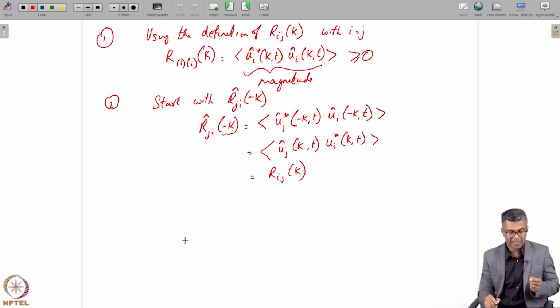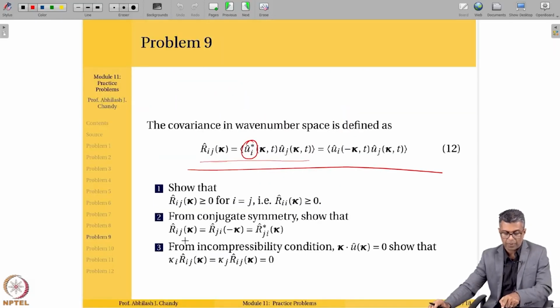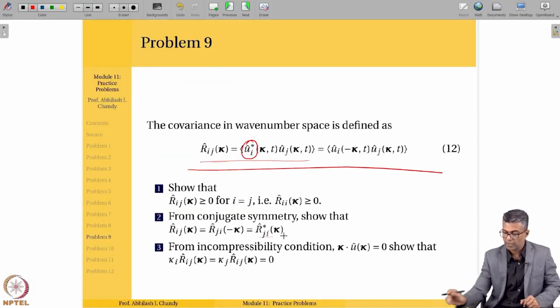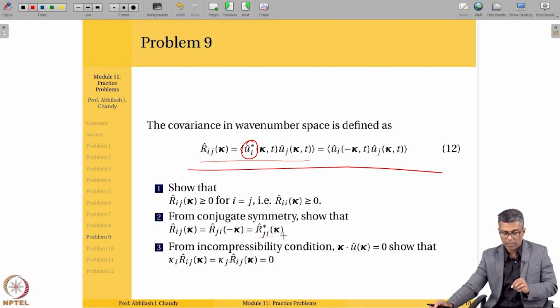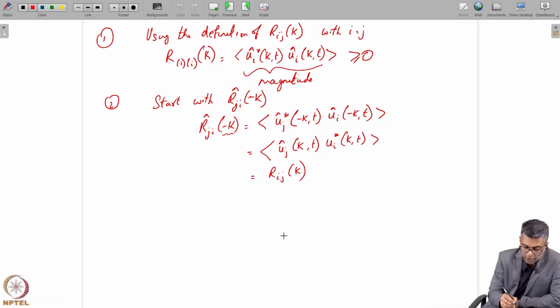Now in order to show the second part of the question, we have to show that it is equal to Rji star of kappa. Here is what we do. You start with Rji star of kappa. Then what do we get?